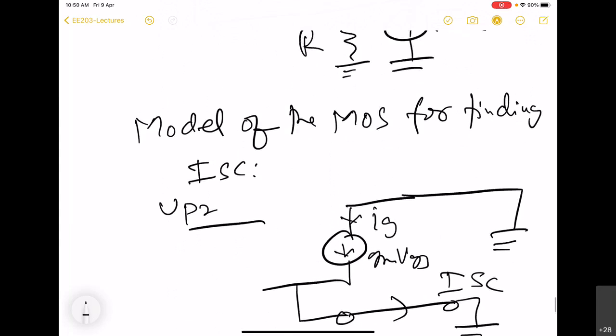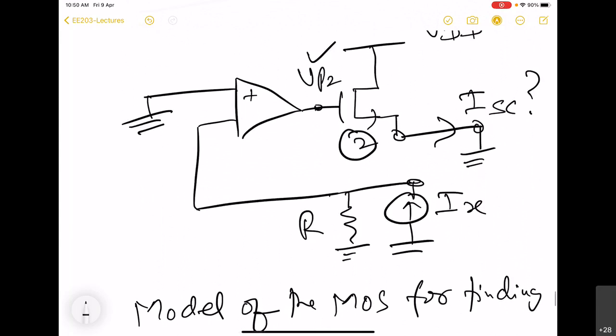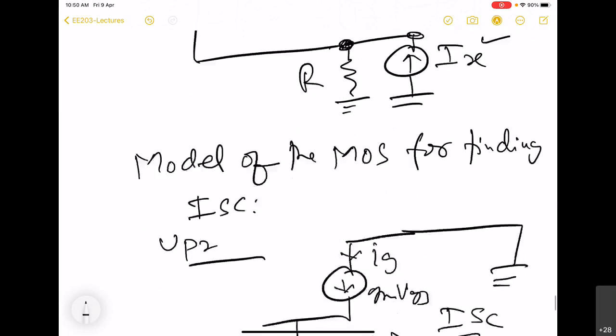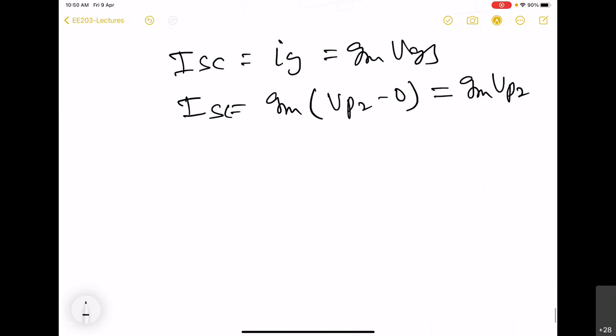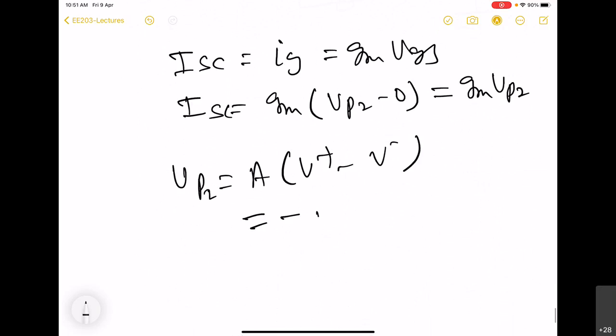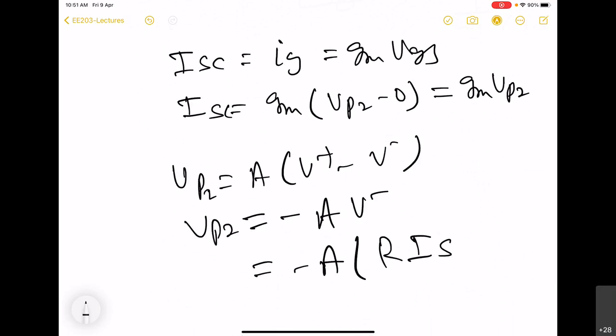Now we have to find out this Vp2. So we see that we have this V minus, which is the voltage developed across R because of current Ix. So here we have Vp2 equal to A into V plus minus V minus, which is minus A V minus, and this V minus is R into ISC.